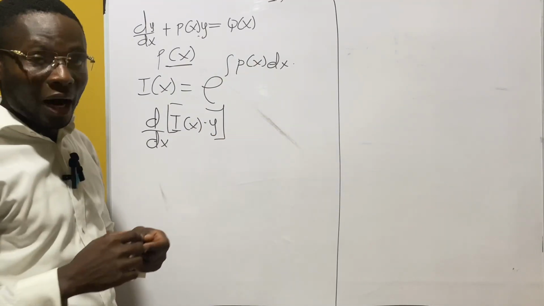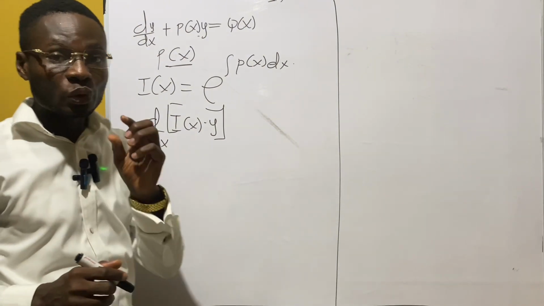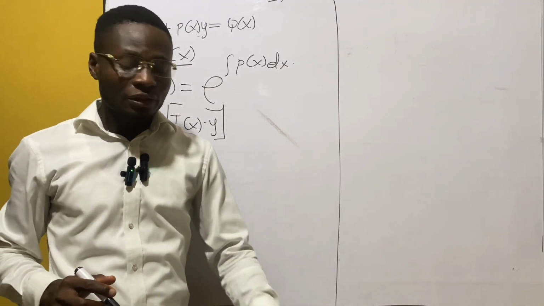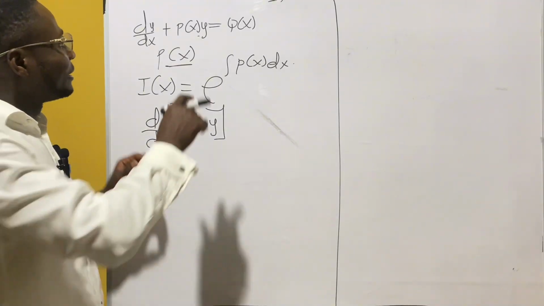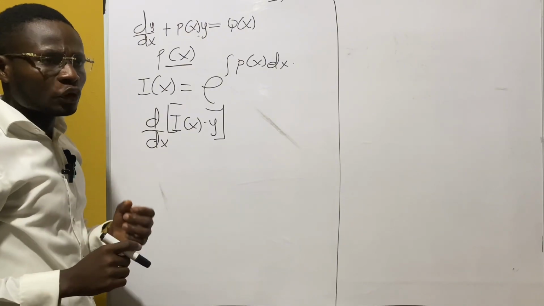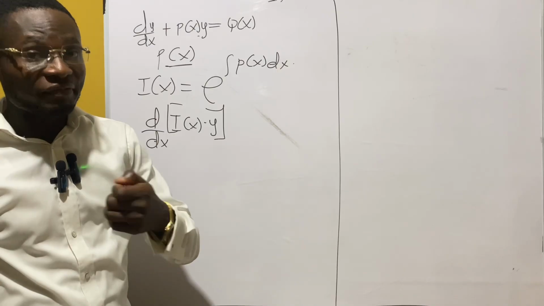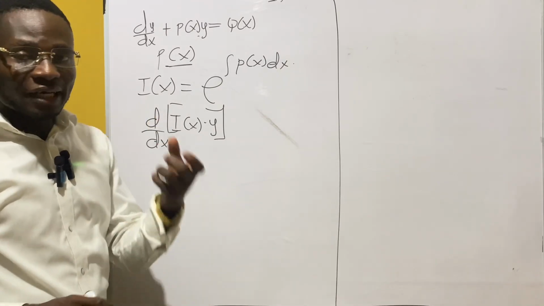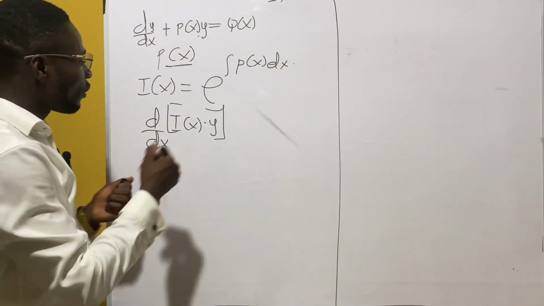Why do we do this? We do this simplification so that we can handle the integration so easily. When you multiply the integrating factor by this standard form of the equation, you get the reverse of the product rule, so we simplify it to this form.